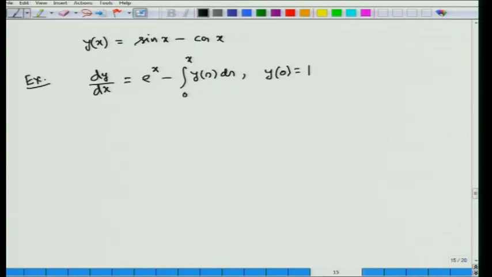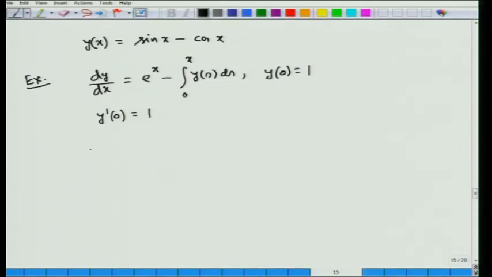I have considered here a very simple example. With y(0) equal to 1 and this differential equation, we can differentiate both sides with respect to x, and on the right hand side we use the Leibniz formula. Before applying that, we notice that y dot 0 is equal to 1.